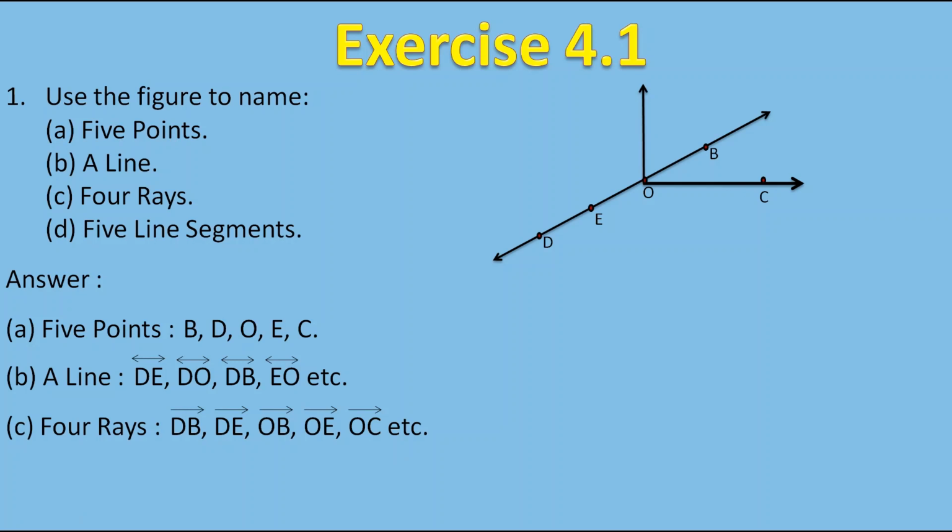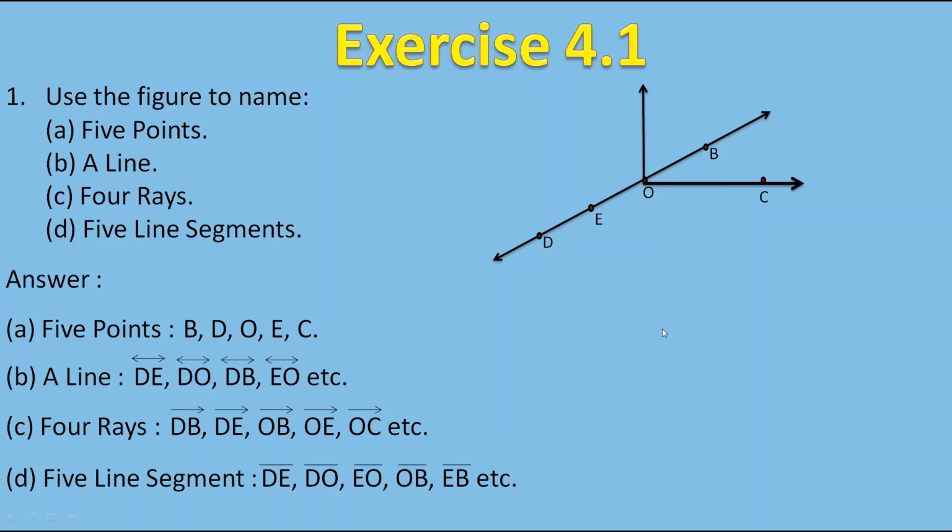So the next one is 5 line segments. Line segments start from a point and end at a point only. They do not have an arrow at the end. So 5 line segments can be written as DE, DO, EO, OB, EB, etc. There are many possibilities to write line segments also, because here we have 5 points.